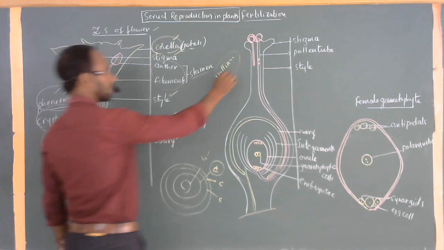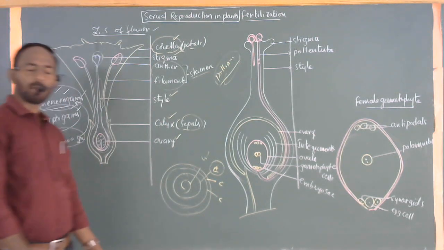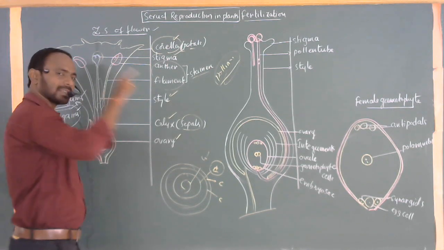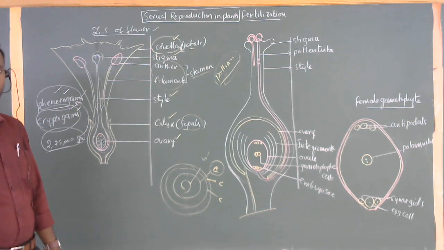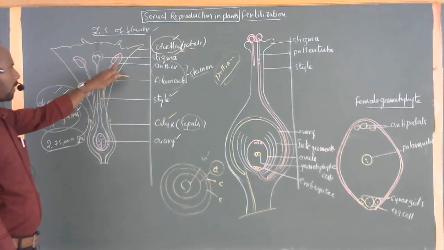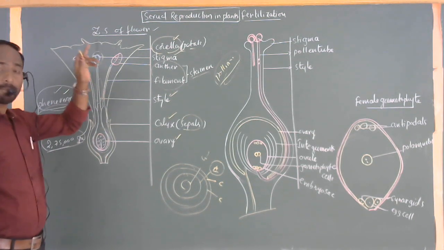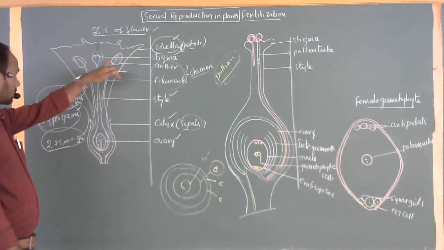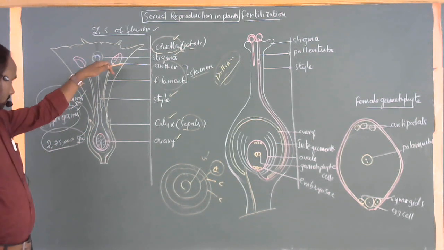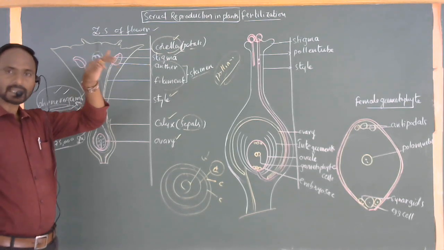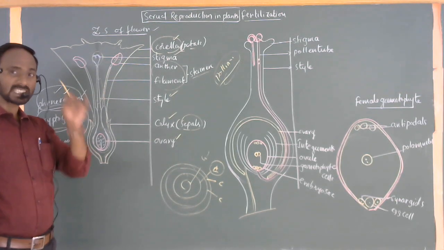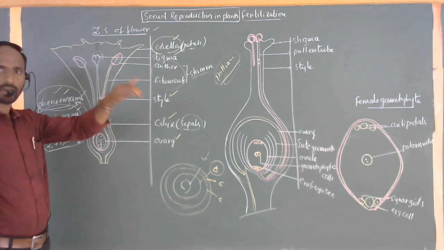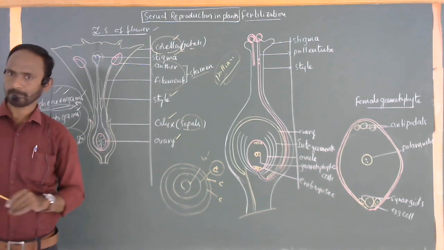One more thing. Pollination is basically of two types: self-pollination and cross-pollination. Transferring of pollen grains from the anther to the stigma of the same flower of the same species is called self-pollination.